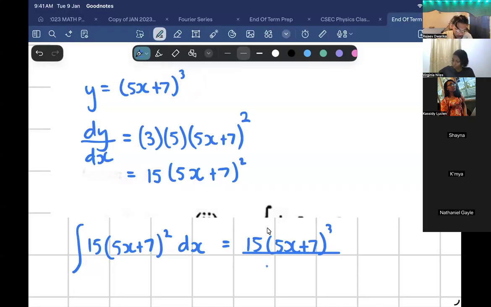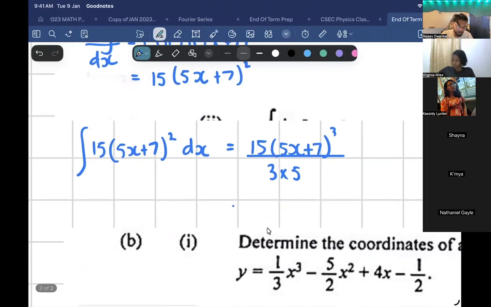Divide by 3. And what else did I multiply by on the outside? 5. So I'm going to divide by what as well? 5. Right. And that 5 is going to go in the denominator. So you end up with 3 by 5 in the denominator. And let me show you the magic. Don't forget plus C is indefinite integration. Check this out. What's 3 by 5?